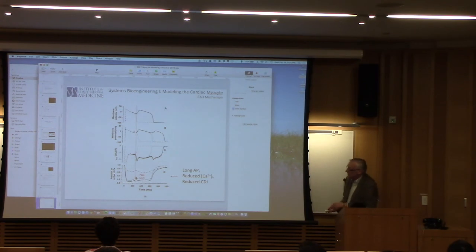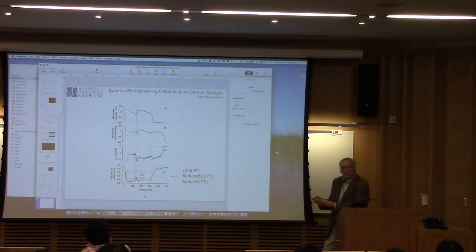And so what you see is that with the action potential prolonged, here's where the EAD begins to occur. That's the red vertical line. Let's follow it down here. And what we see is that well before that happens, the fraction of channels that are not calcium inactivated is increasing. This curve is rising. Why does that happen?